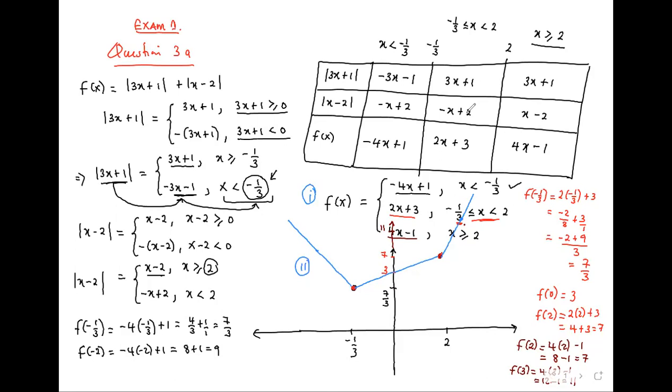Each x that we picked was falling in a different interval. It was either in this interval, or the third interval. When we say x is 0, which interval is x in?